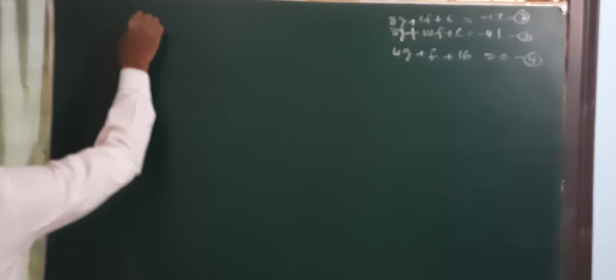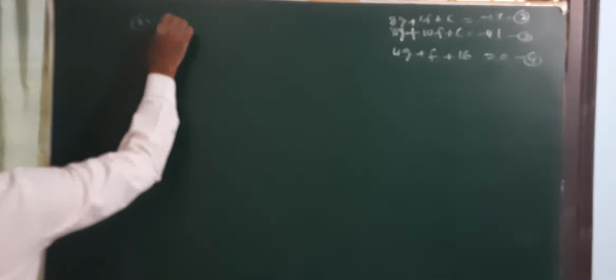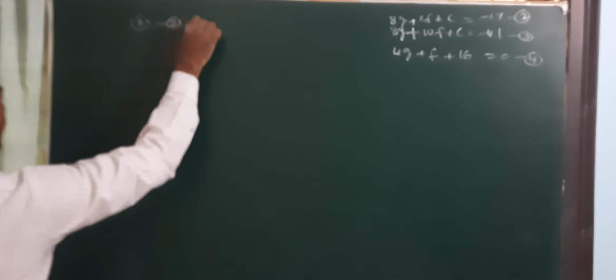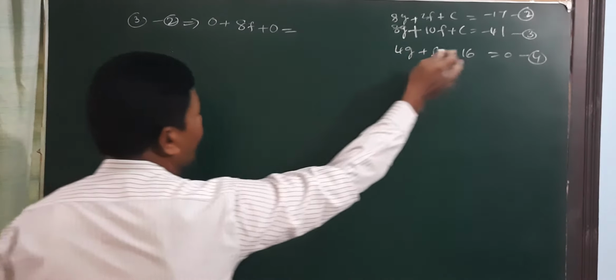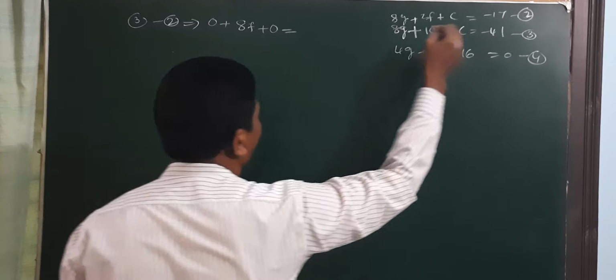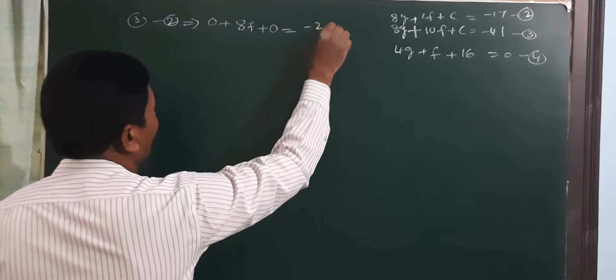Here 3 minus 2: 8g minus 8g cancel, 10f minus 2f is 8f, c and c cancel, and 0 is equal to minus 41 plus 17, which is minus 24. That implies 8f is equal to minus 24, so f is equal to minus 3.